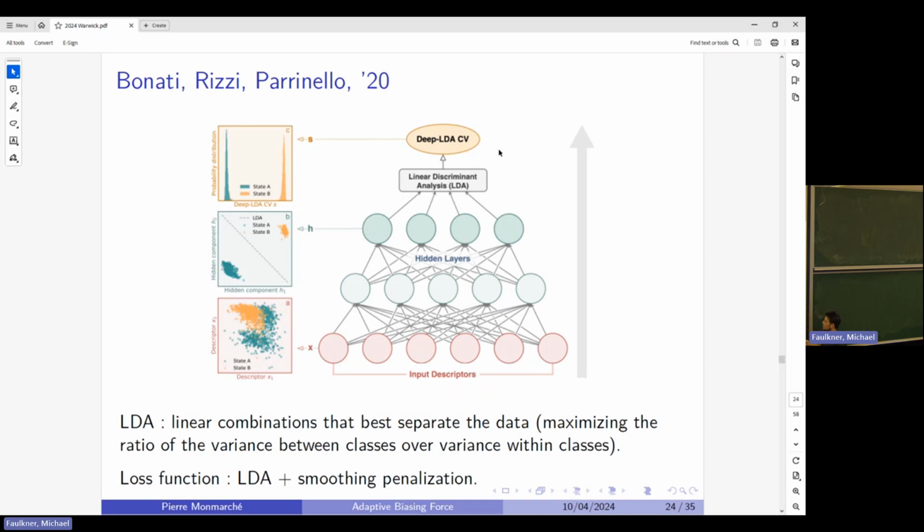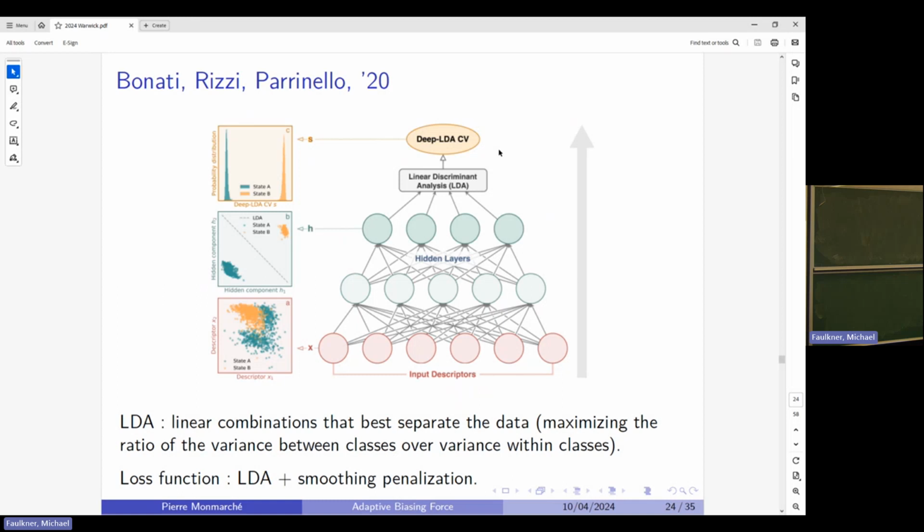When you have two groups, the reaction coordinate would be given by the projection on the orthogonal of the hyperplane which separates your data, because then the value would be -1 here and 1 here.